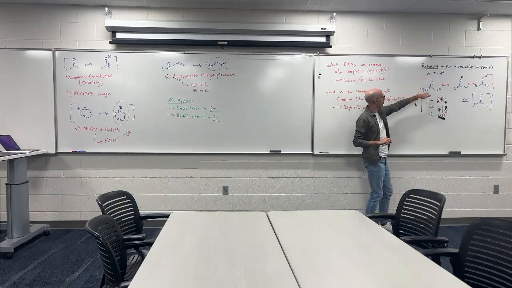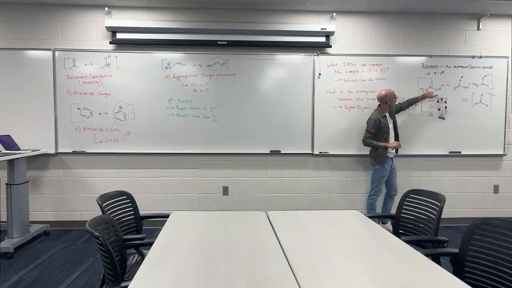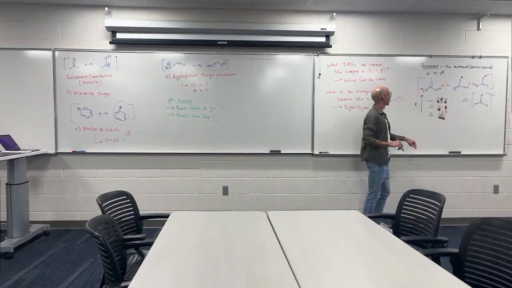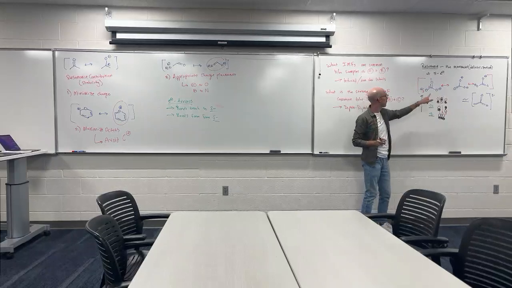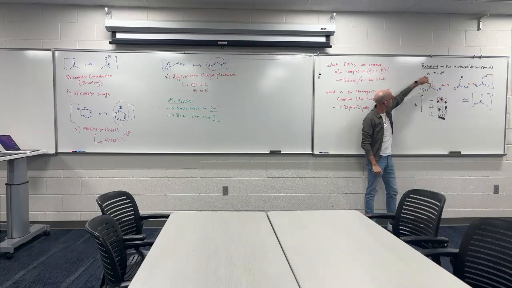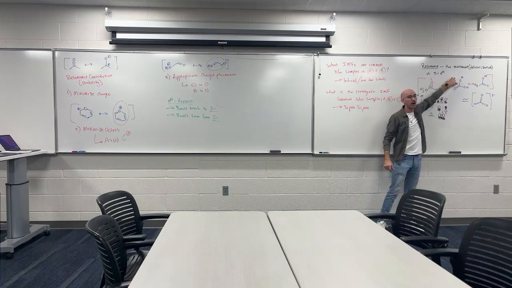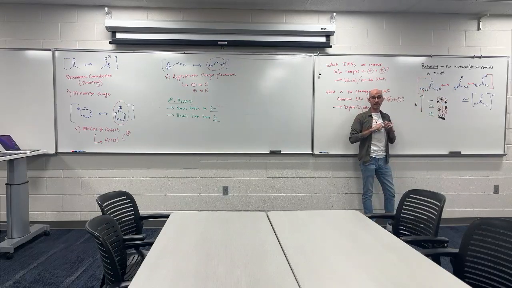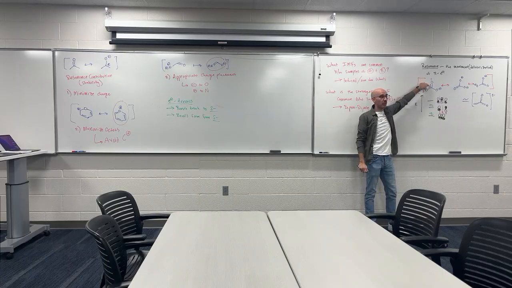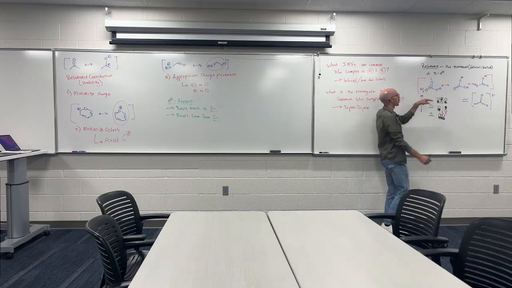Could you show the transformation from the first to the second resonance form using electron arrows? Notice what changes. A single bond becomes a double bond. A bond forms. A double bond becomes a single bond. A bond breaks. When a bond breaks, it breaks to the partial negative atom.